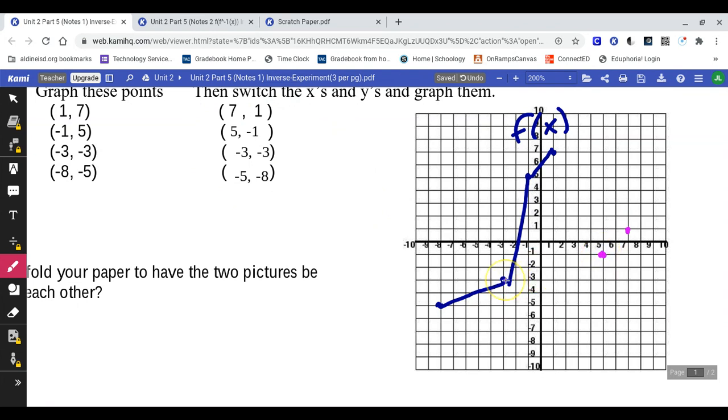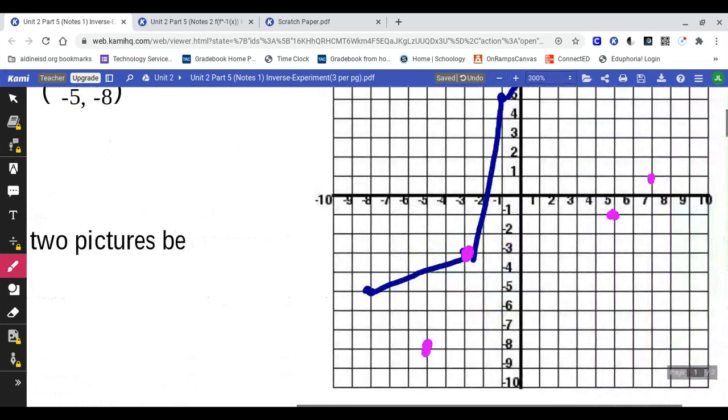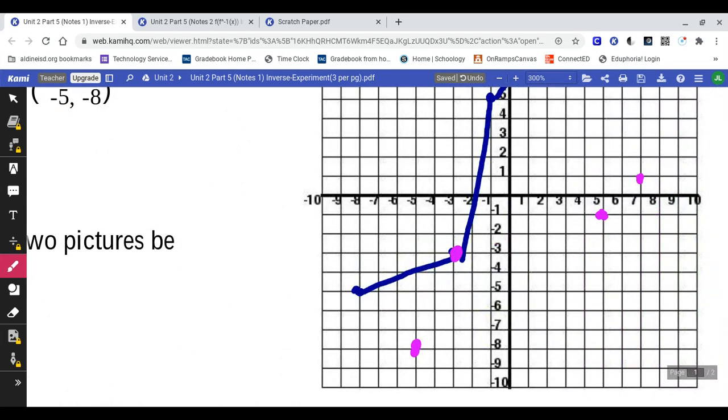Still going to have -3 and -3. And then I'm going to have -5 and -8. So let's see what happens when we connect these points.